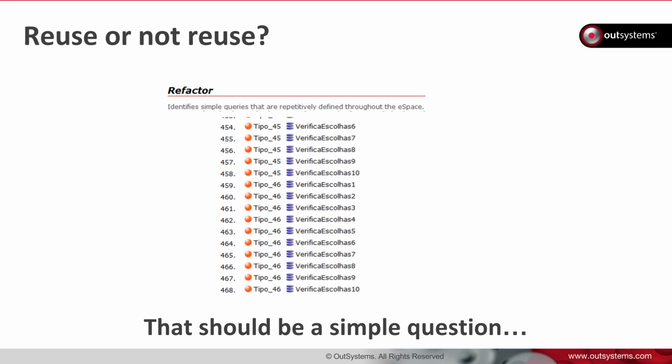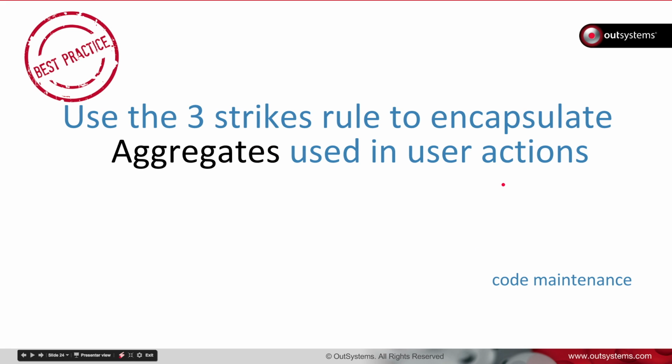Reuse or not reuse. In this case, we had multiple aggregates here in multiple different actions. And to reuse or not reuse, that should be a simple question. The best practice is to use a 3 strikes rule to encapsulate aggregates used in user actions.